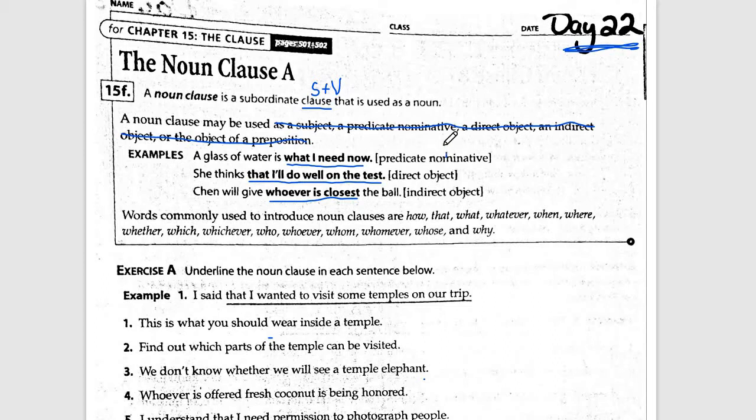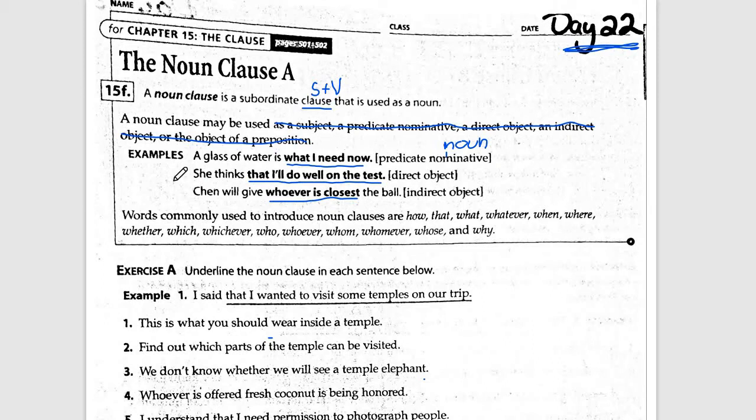Nominative is just a fancy word for noun. That's all. And it comes after a be verb. Okay, it comes after is, was, were, are, being, will be, become. It comes after those types of verbs specifically, because it's defining what a noun exists as.